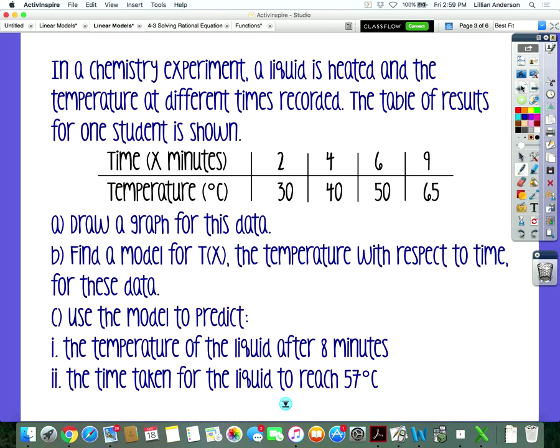We need the slope, so we need to pick 2 points to find our slope. What 2 points do you want to use? 2 and 30, 6 and 50? Cool. Honestly, it really doesn't matter which 2 we use. In 4th period I used the first and the last one, and we still ended up with the same slope. So let's find the slope.